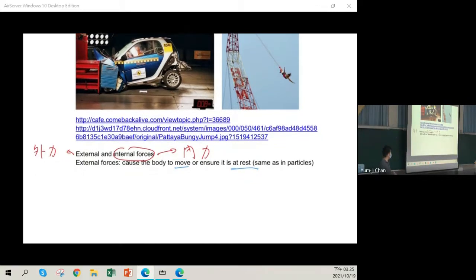And for external forces, we have two types. One of them is called surface forces. Another one is called body forces.